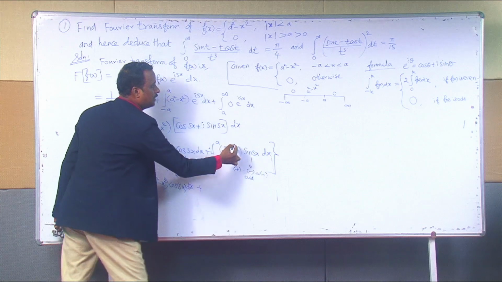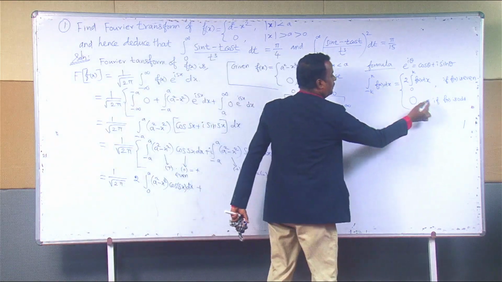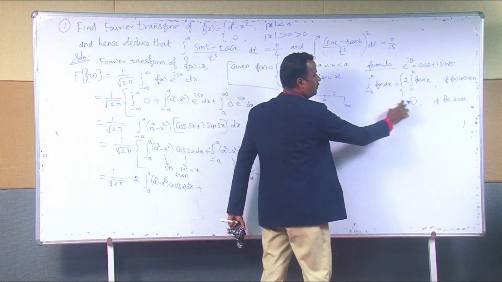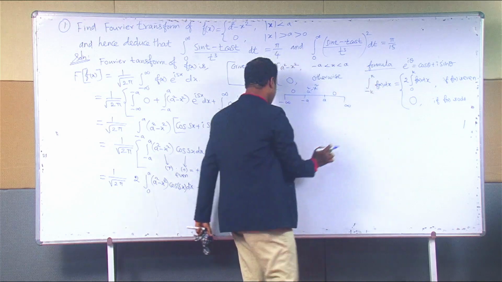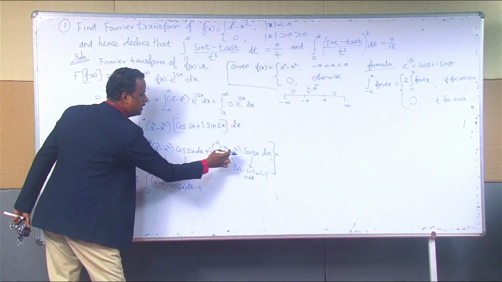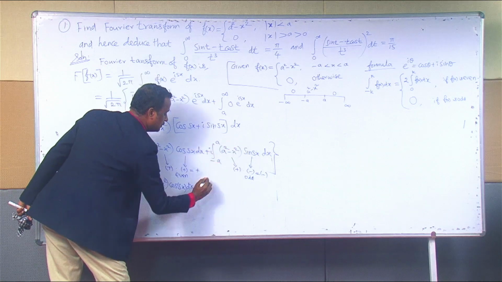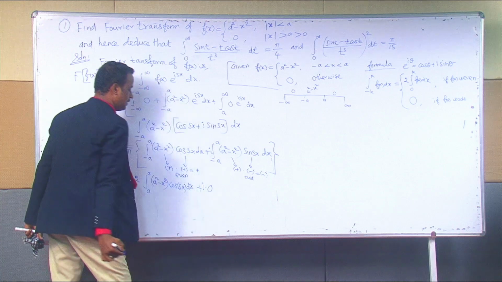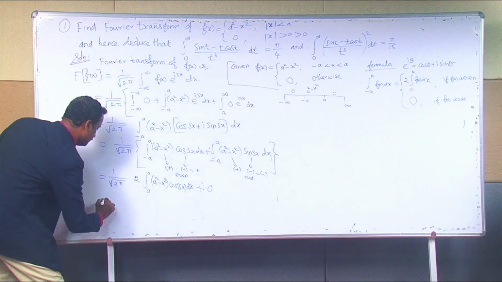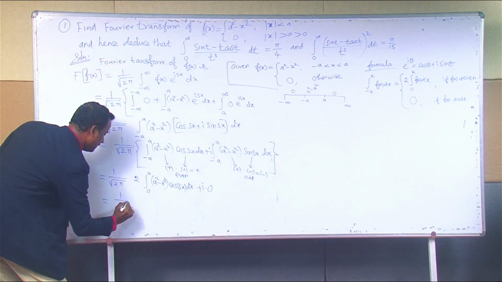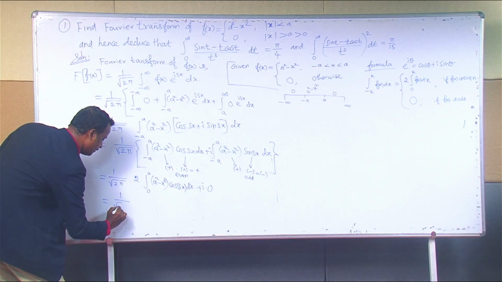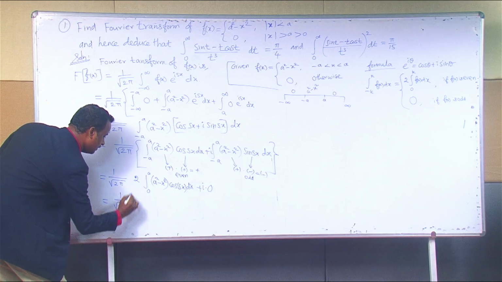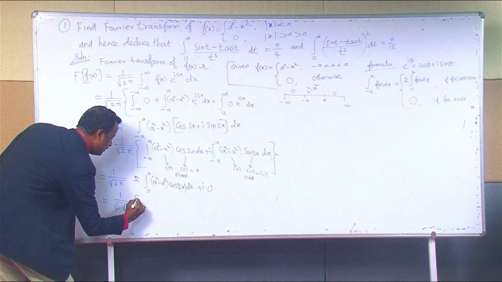If it is an odd function, then the value of the integral from minus constant to plus constant of f of x is 0. Here minus a to plus a, this is our f of x. So the answer is 0 here, i into 0. Now 1 divided by root 2 into root pi, this 2 can be written as root 2 into root 2.